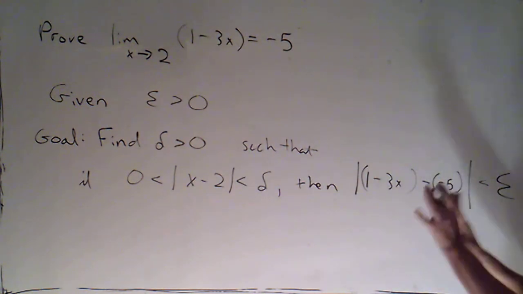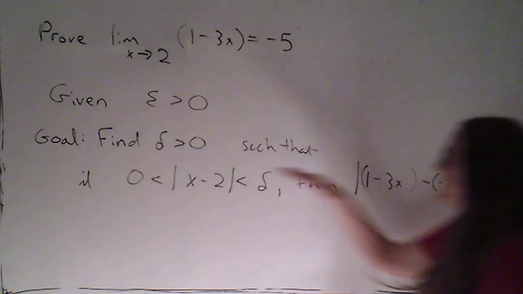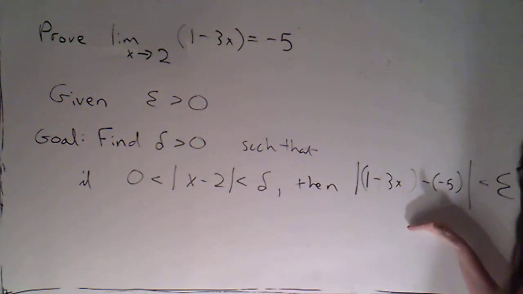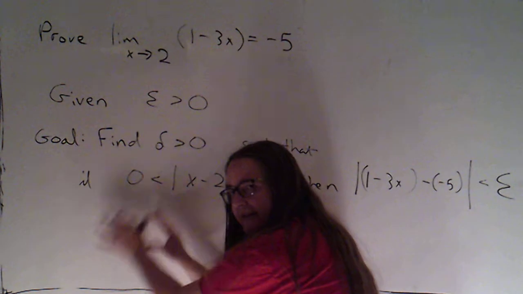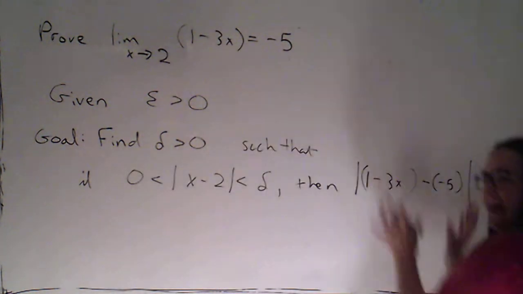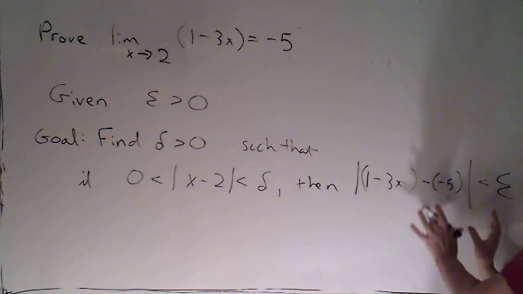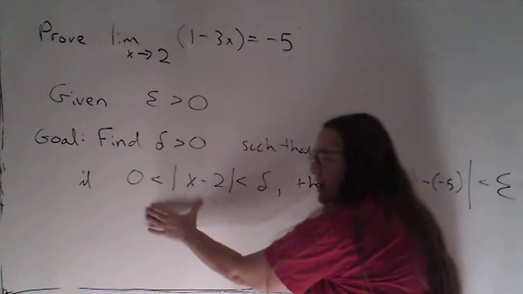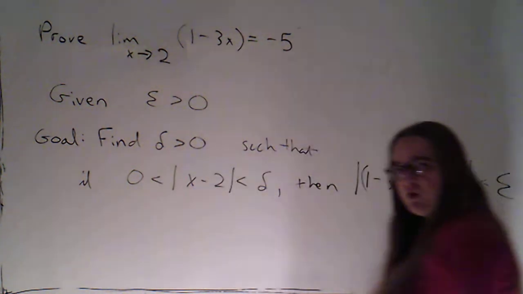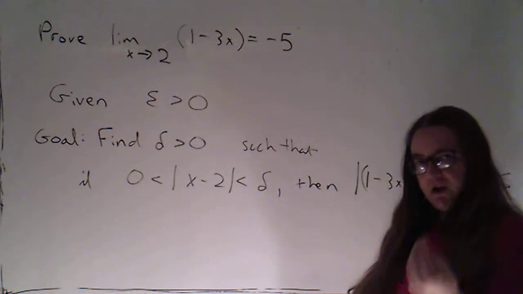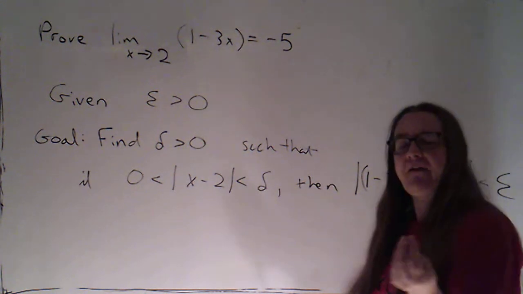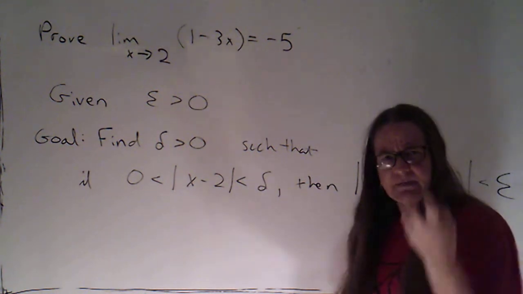Okay, now this is an if-then statement. If this thing happens, then this thing will follow. This part comes first. So when we do a formal proof, we're going to have to introduce this number delta that we found. Now, it's not going to be a specific number.